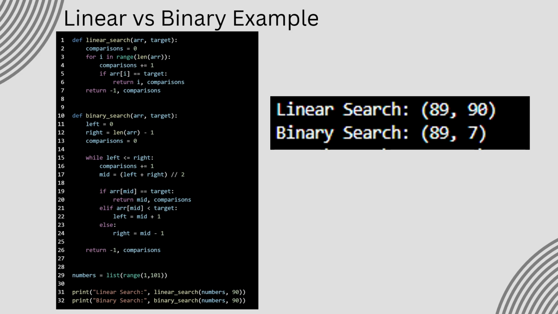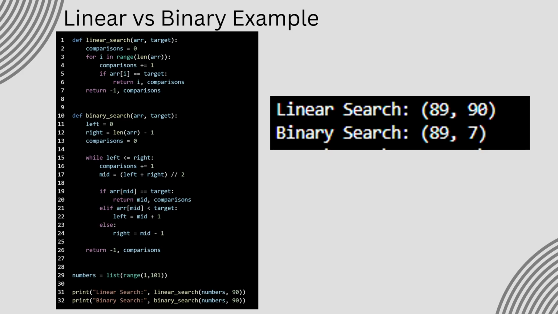And so next here is the binary search example. In the binary search code, the function sets two variables called left and right. This is to mark the start and the end of the list. It also creates a comparison counter. While the left index is less than or equal to the right index, it calculates the middle position.